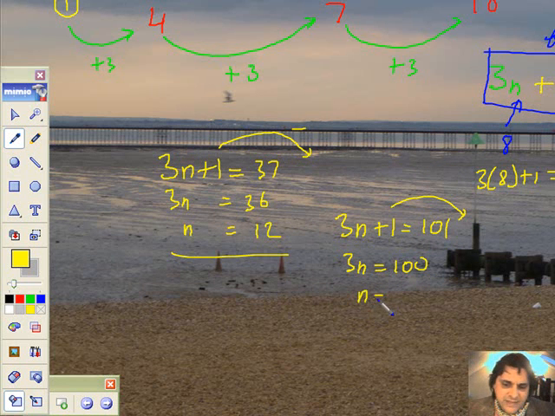Now, fence size n will be 100 divided by 3, which is 33.3 recurring. Well, that makes mathematical sense, doesn't it? The trouble is, you can't have 33 and a third of a fence. You either have fence size 33 or fence size 34. There's nothing in between.